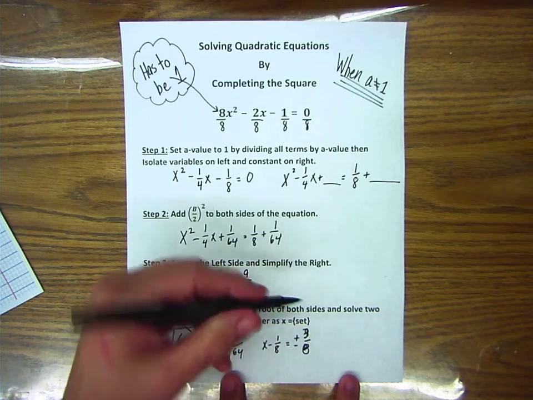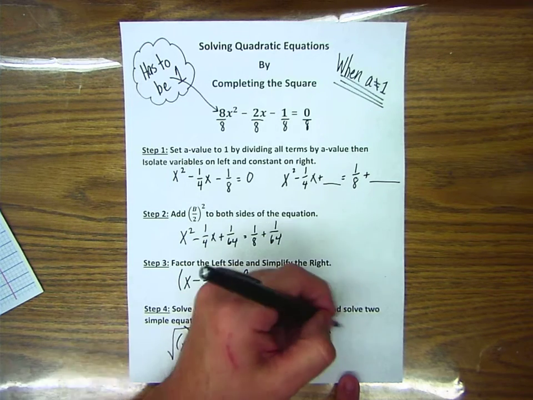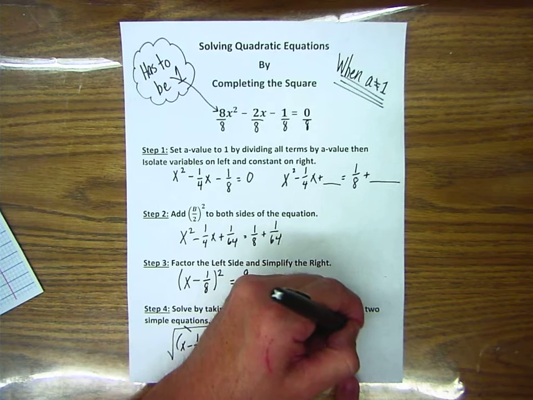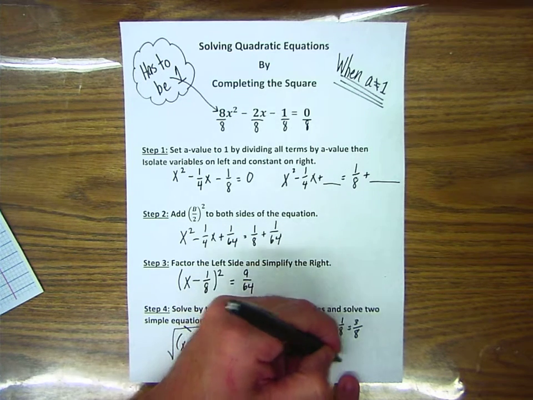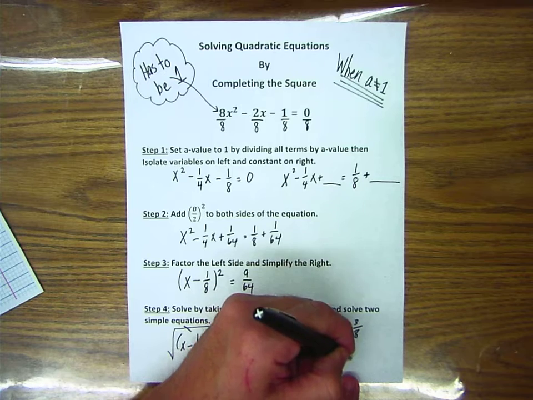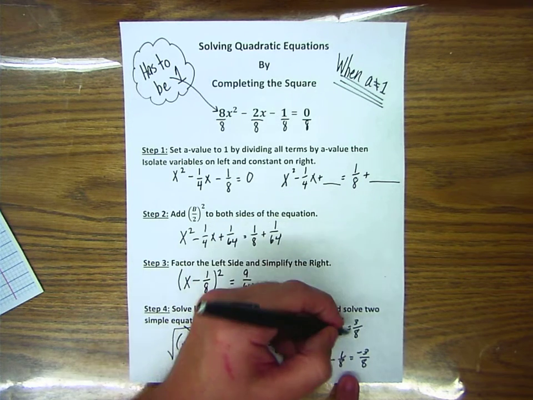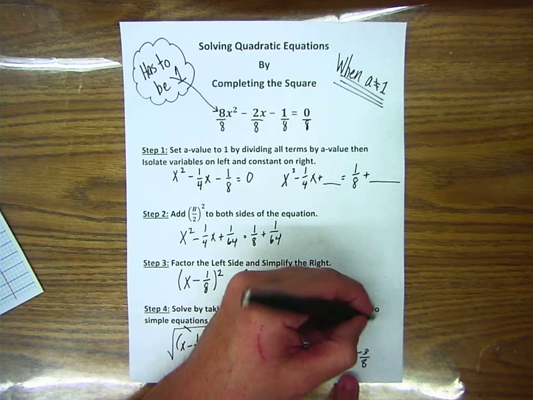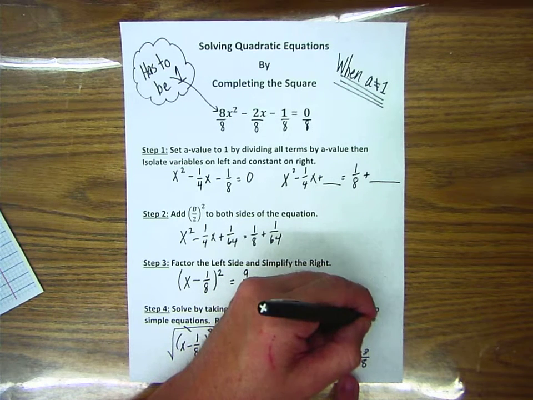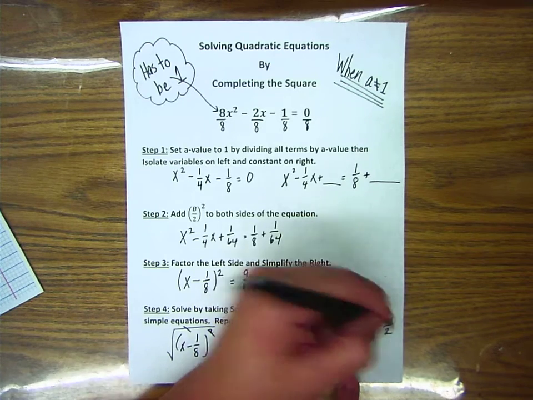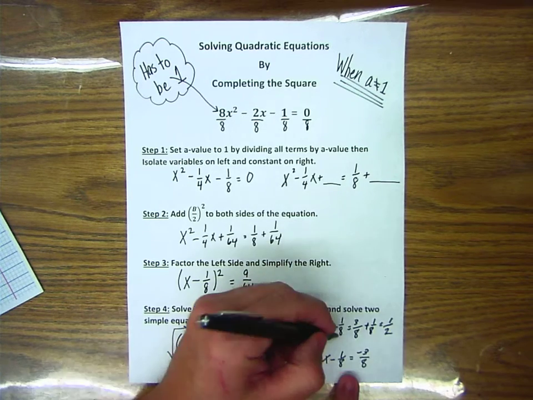When I solve this, I get x minus 1/8 is equal to positive 3/8, and x minus 1/8 is equal to negative 3/8. And when I add 1/8 to both sides, I get 4/8, or 1/2 for the first value.